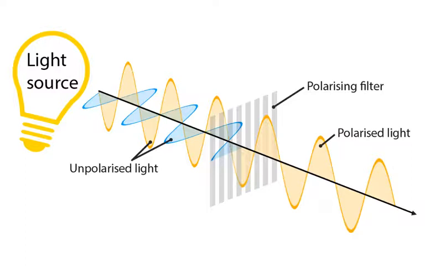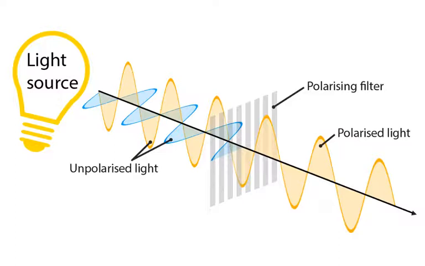This concept of unpolarized light is rather difficult to visualize. In general, it is helpful to picture unpolarized light as a wave that has an average of half its vibration in a horizontal plane and half of its vibration in the vertical plane.